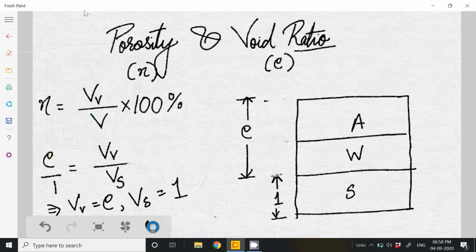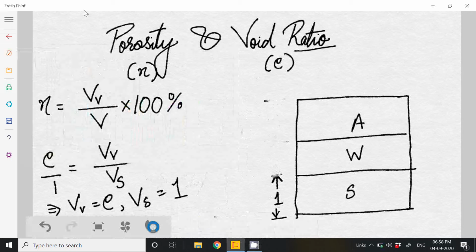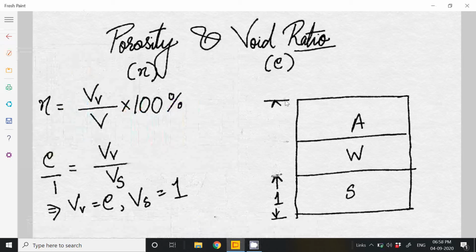So let me make it more clear. So this is the phase diagram in terms of void ratio.